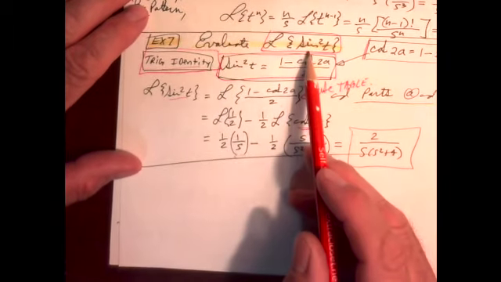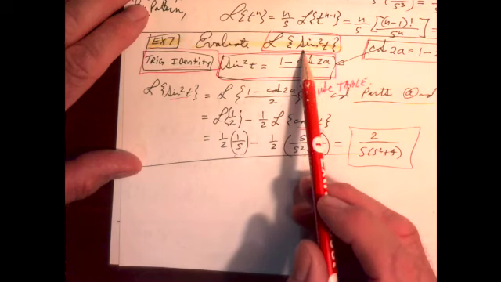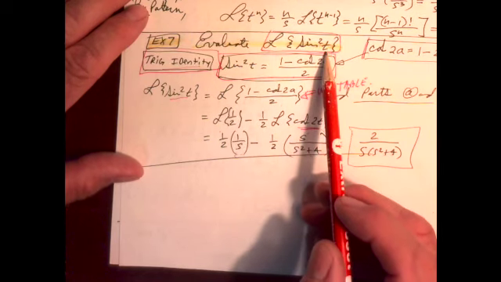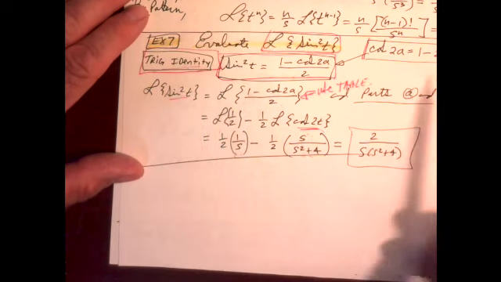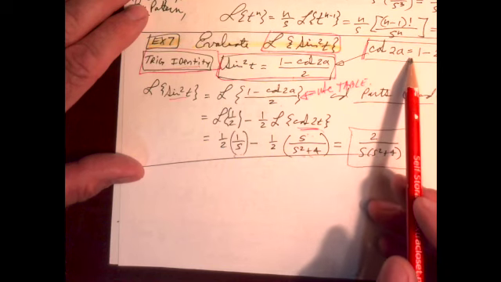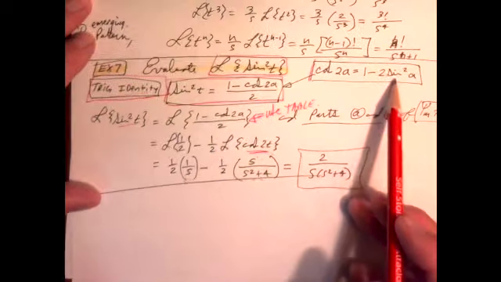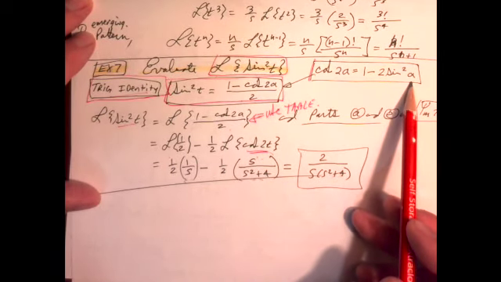Example 7 here. I'm going to evaluate the Laplace of sine squared t. I would bring in this trig identity, which is cosine of 2a equals 1 minus 2 sine squared a.